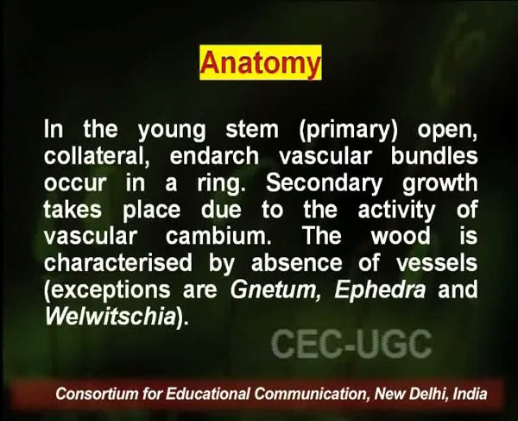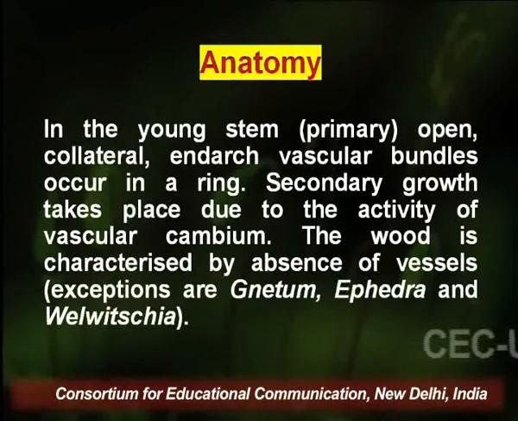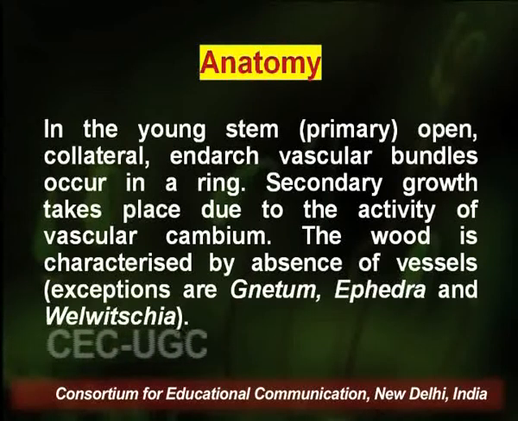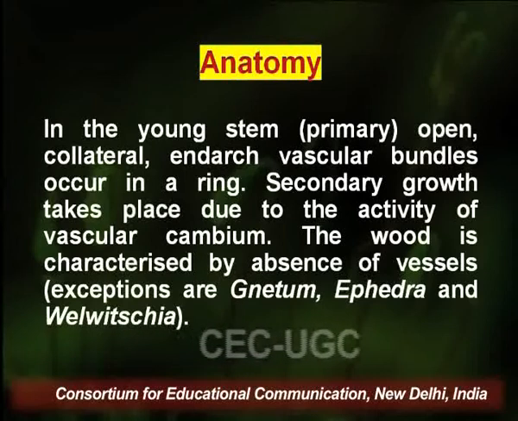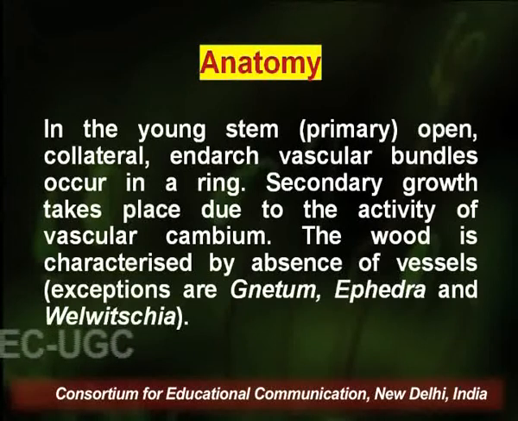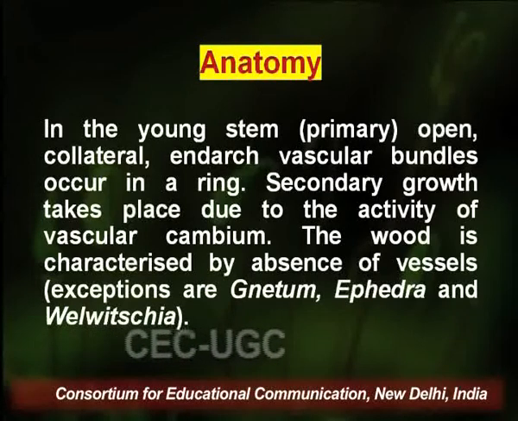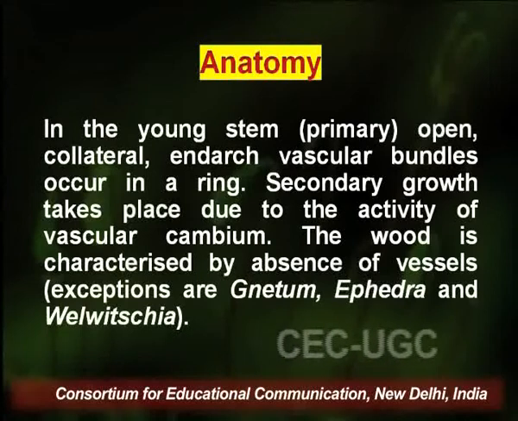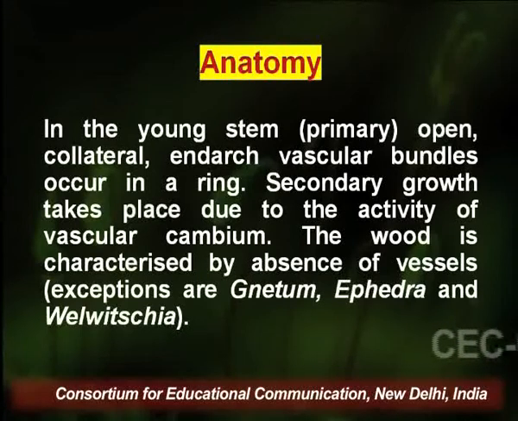When the secondary growth takes place, due to the activity of cambium, we can see the development of other types of secondary tissues. The woods in case of gymnosperm are characterized by absence of vessels except Gnetum, Ephedra, and Welwitschia.